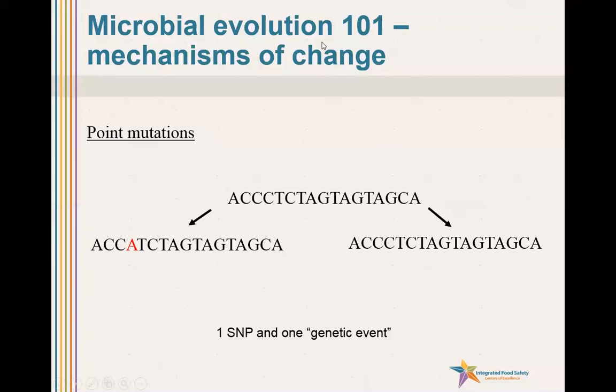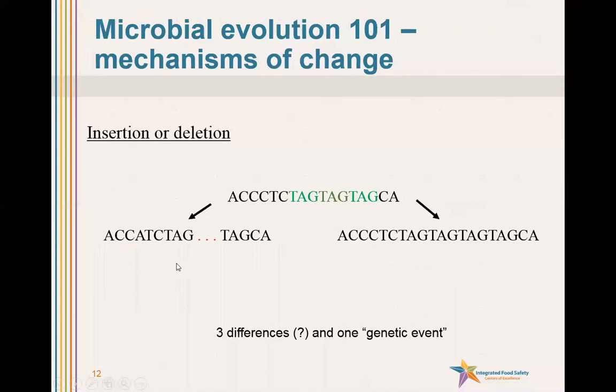The ones I showed you before, the single nucleotide polymorphism, can be simplistically thought of as having a parent organism, let's say a bacterium shown on top, that then divides into two bacteria, where one of them has a change, so a nucleotide changes from whatever it was originally to an A, as shown in black here, in red here, and that then creates one SNP by one genetic event, one mutation.